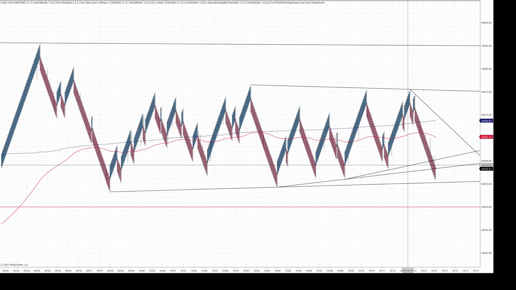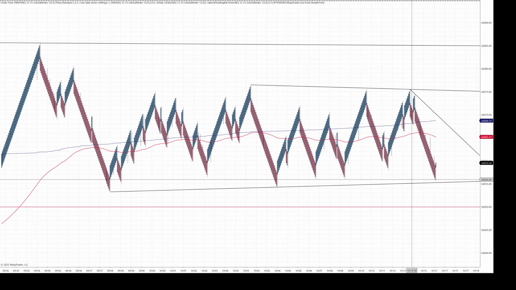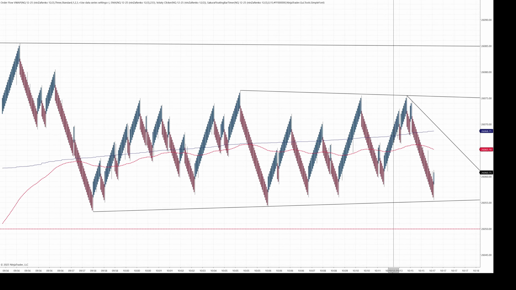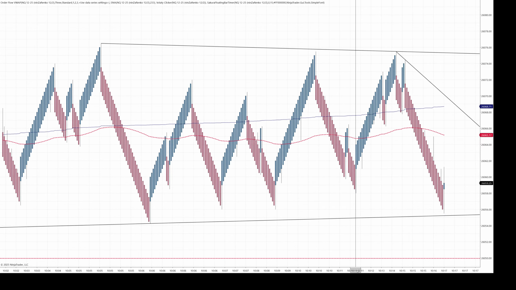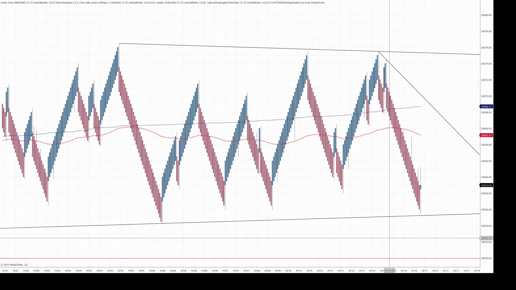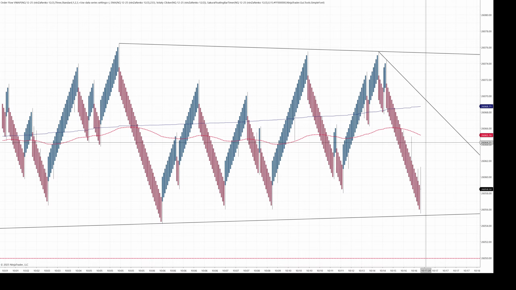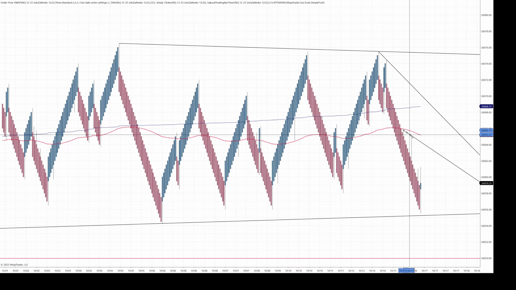So now we're breaking through this trend line and this trend line. So the price action, unfortunately, it's just not very tradable at the moment.